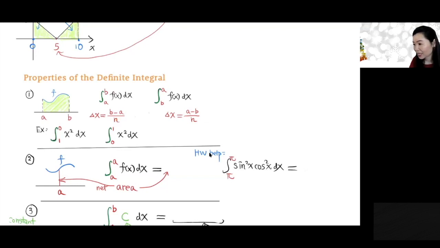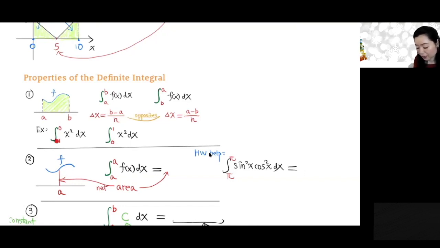We divide it into n subintervals. That's delta x. And for this one here, the delta x will be (a minus b) over n. You see the delta x here? They are opposite. So therefore, this integral over here and this integral here will be opposite.